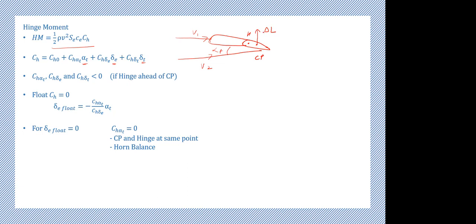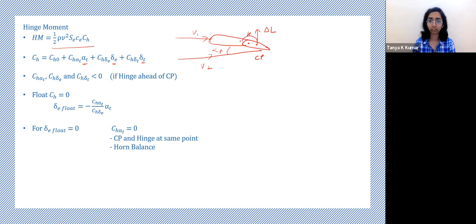Negative. So you have a pitch down moment. So positive alpha tail gives you a negative hinge moment, which is why C_H alpha tail is negative.